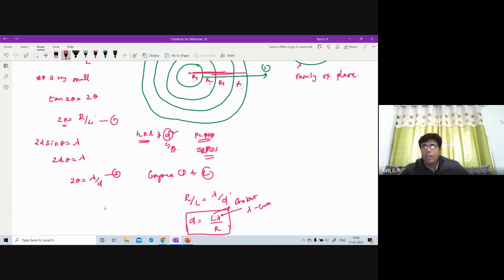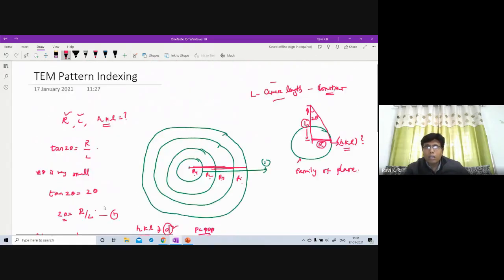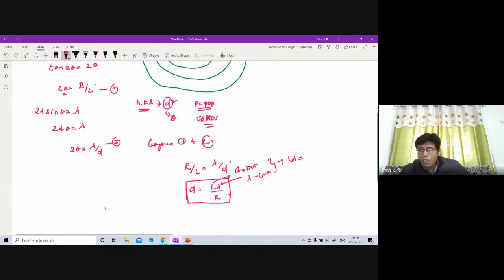So what we generally say is this L lambda is basically what we call the camera constant. Okay. So L lambda is your camera constant.